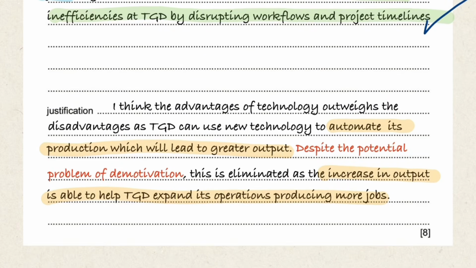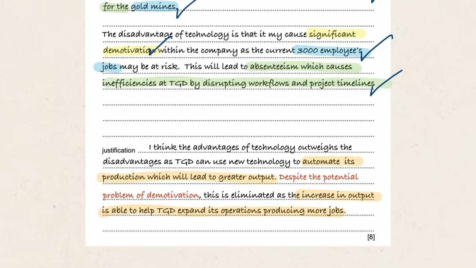Now, the second evaluation point is a bit trickier. You need to justify why it outweighs the other choice. In this case, the other choice here is a disadvantage of technology, which is demotivation. But this answer here addresses that and says the increase in output would expand the business, which produces more jobs. And this has justified that the advantages of technology is greater than the disadvantage.